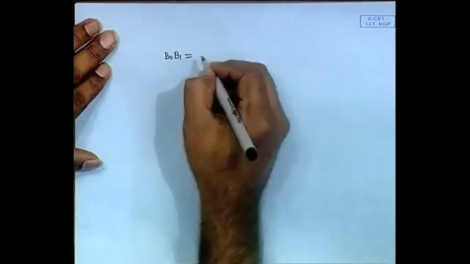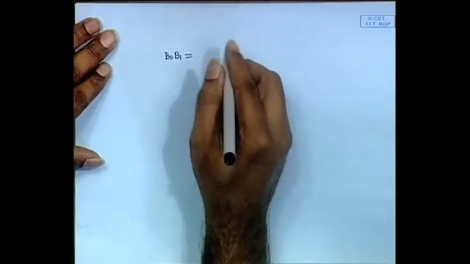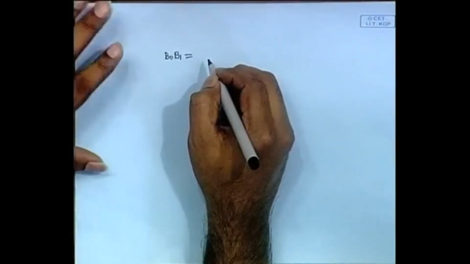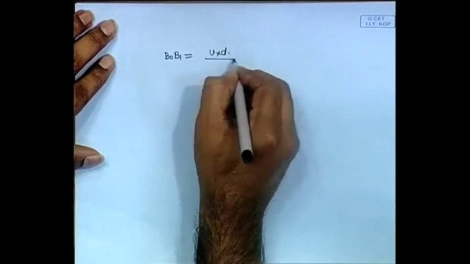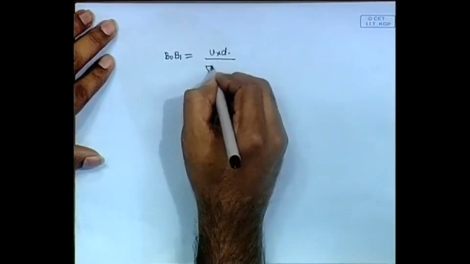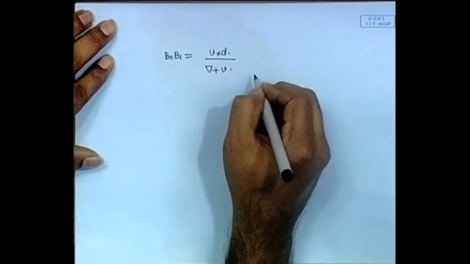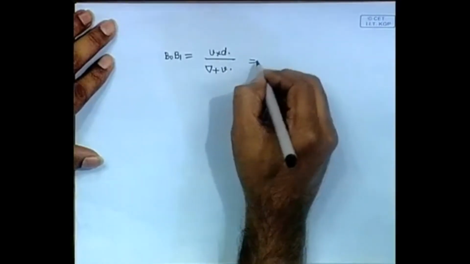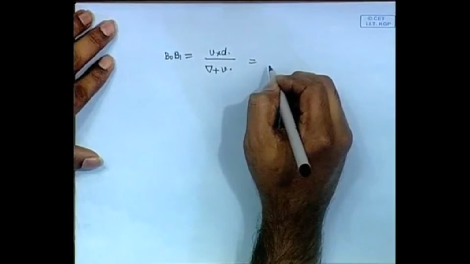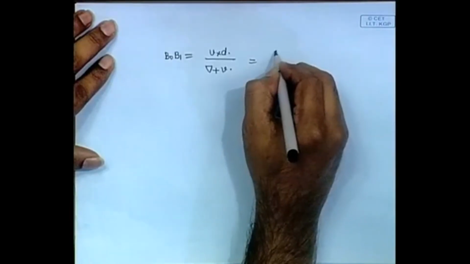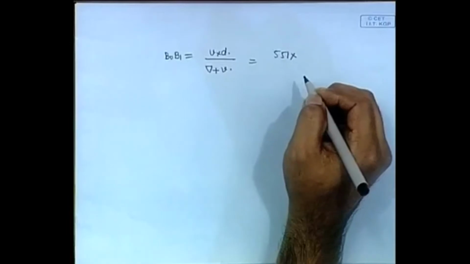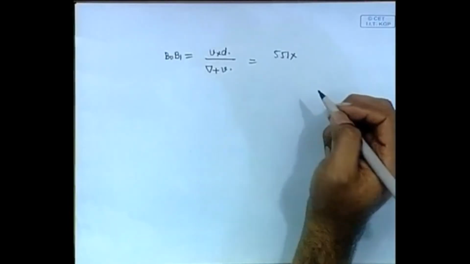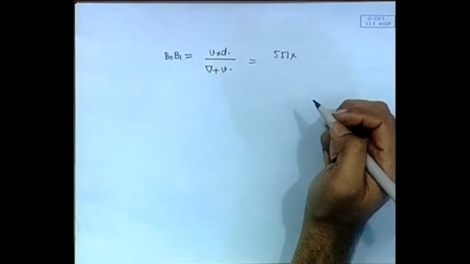Even the formulas for B0 B1 and G0 G1 are more or less the same; instead of weight, you put the volume. So B0 B1 is equal to v into d by (delta plus v). v is given, and we have to find B0 B1, the distance through which B has shifted.